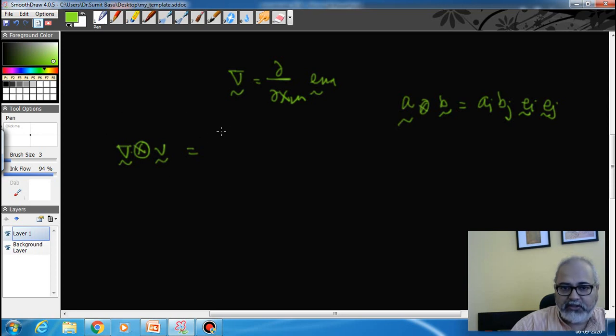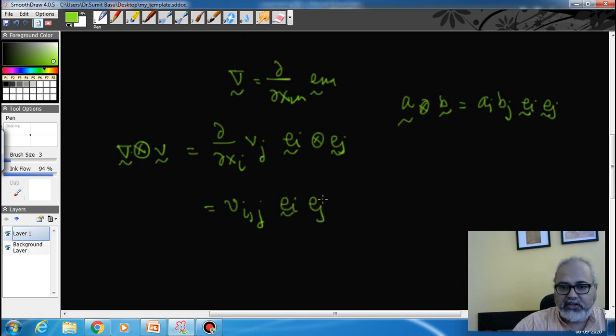If you do this, you will get ∂/∂x_i, those are the components of the nabla operator, and then v_j e_i dyadic e_j, so v_j,i e_i e_j. So this is a second order tensor. This is the gradient of a vector field which depends on position. So the gradient of a vector field is a second order tensor with components equal to v_j,i. That's what we have shown here.